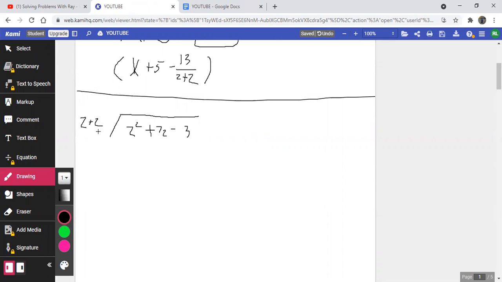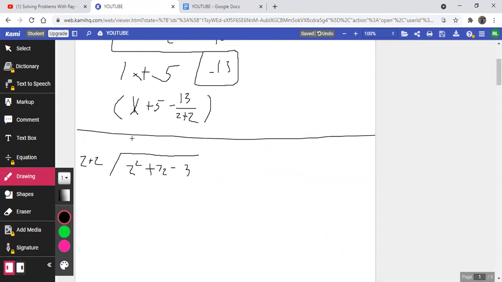So z plus 2. What times z can we get to z squared? Hopefully you guys are saying z. So we put z. And then we just multiply.